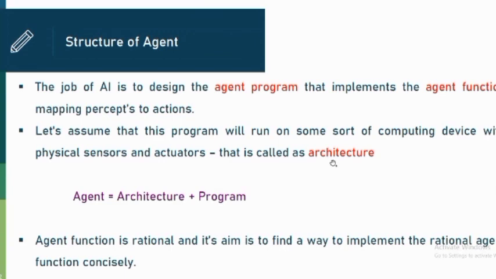Agent is basically the combination of architecture and program. Architecture will contain the list of sensors and actuators needed to work in the environment, and the program is the actual implementation of the agent. So simply, agent equals architecture plus program. This is the structure of an agent.